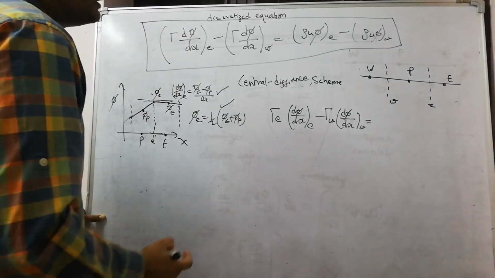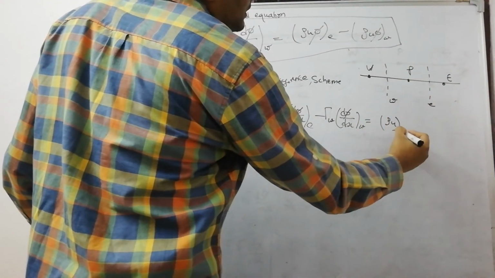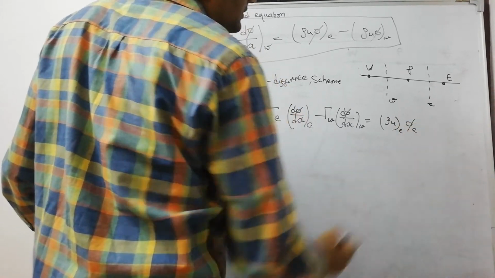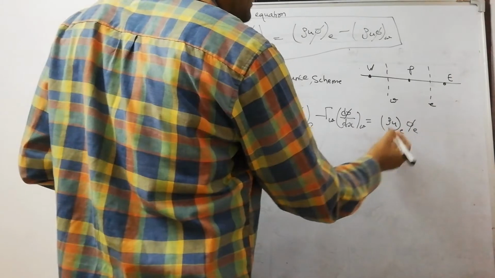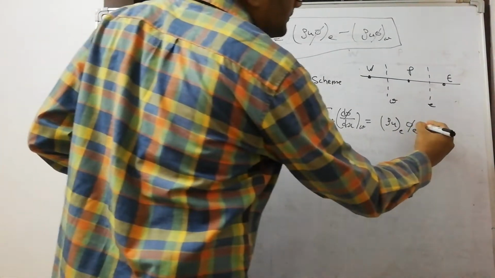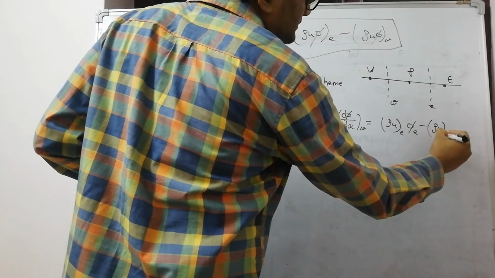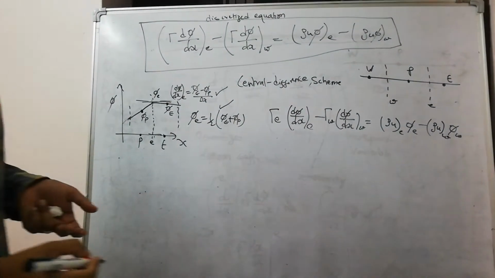We already know how to get this using the central difference approximation, minus gamma w d phi by dx at w equals, let's say I know rho u at e, phi e. We are only interested in this transport variable phi. The rest of the properties are fluid behavior. Of course, we will be solving for them as well, but let's say they are given.